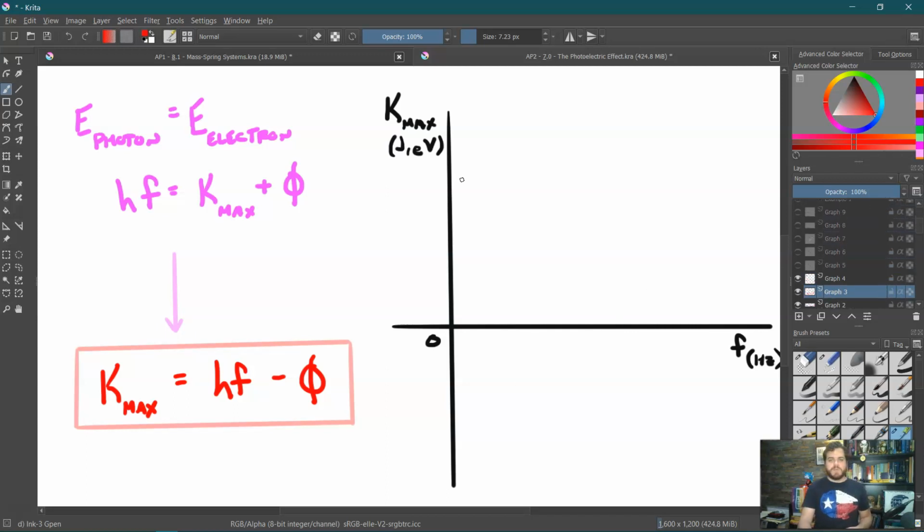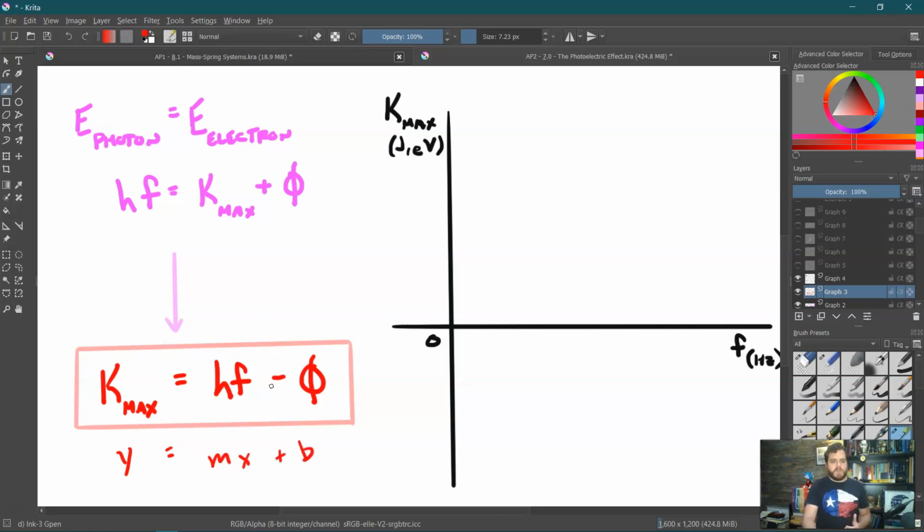So this graph here shows me the kinetic energy of the electrons in either joules or electron volts, depending. And on my x-axis, I have the frequency in hertz. And we know that if we increase the frequency more and more, we're going to have more and more kinetic energy. Additionally, looking at this, I could rewrite this as y is equal to mx plus b.